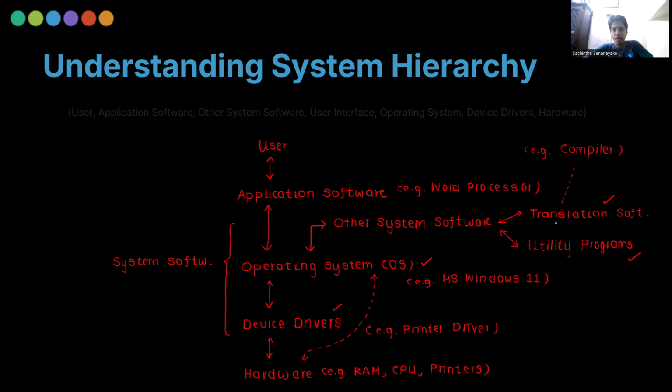And an example of a utility program could be, for example, disk defragmentation software, which we will look at in this lesson, right? So now I've given you examples, I've given you all the components and how they connect. Now you know the overall system architecture, right?